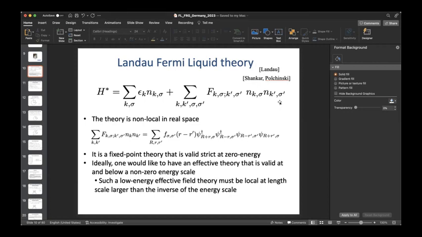But in non-Fermi liquid, in general, that is not the case, because in non-Fermi liquid, as I alluded, even in the normal state, intrinsic superconducting fluctuations are present that are part of the non-Fermi liquid state.